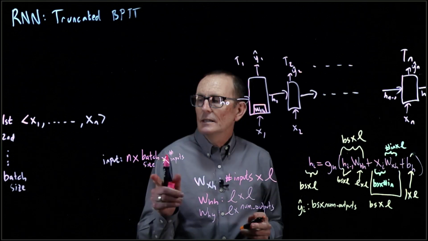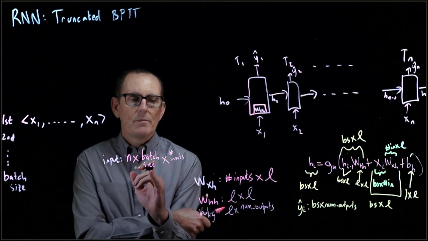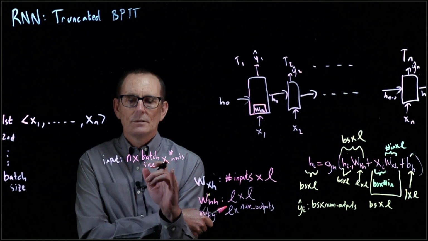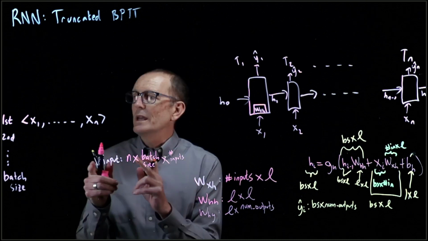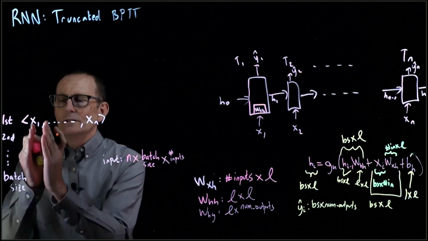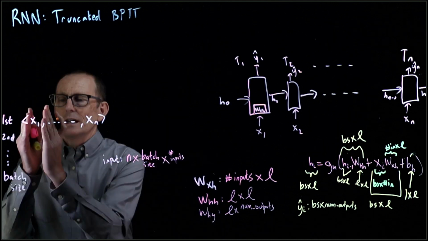So if this is the input, n by batch size by the number of inputs, this is the total input: we have a batch of x sub 1s for all the different instances, and then we have a whole sequence of those, so we get the entire thing.